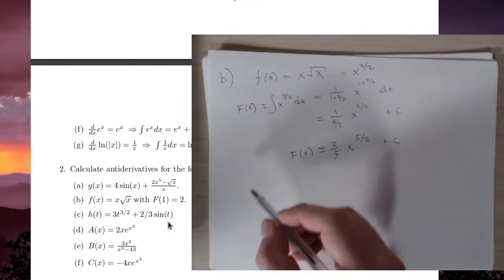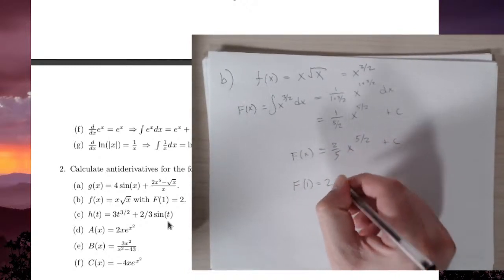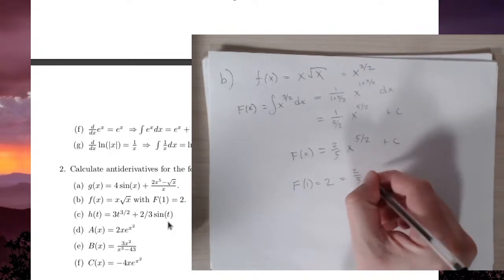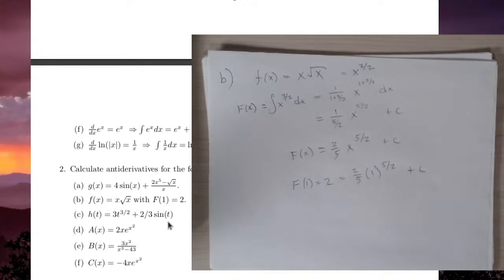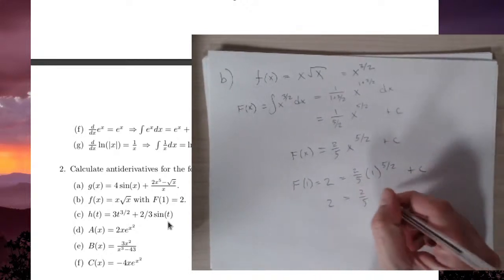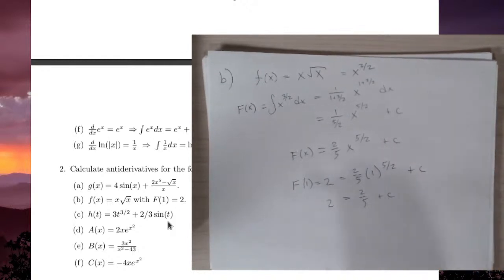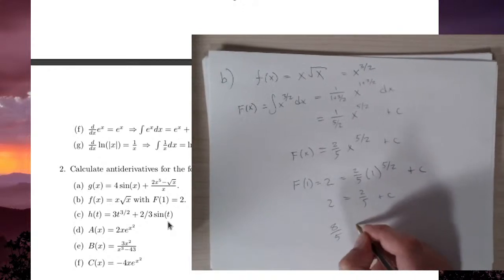So how do we do that? We know that f of 1 equals 2, but that also equals 2 over 5 times 1 to the 5/2 plus c. So 2 equals 2/5 plus a constant. So 2 is 10/5 minus 2/5, so 8/5.